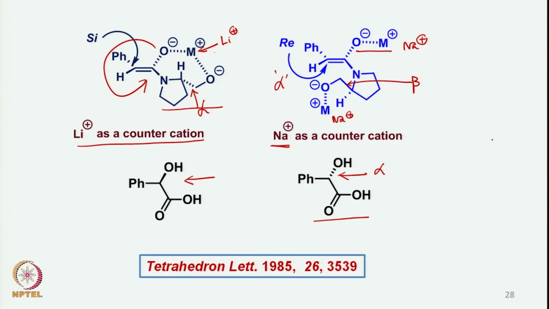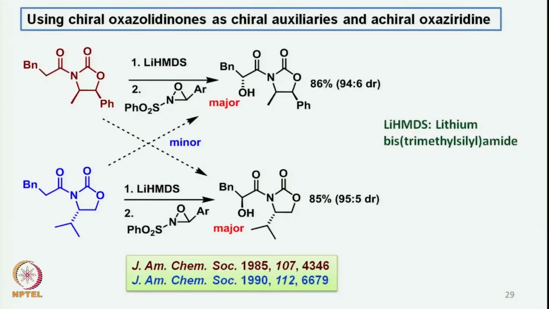We can also look at the other auxiliaries such as these oxaziridinone kinds of substrates of these two types, and you can use the lithium bis trimethylsilylamide. We used sodium bis trimethylsilylamide earlier.